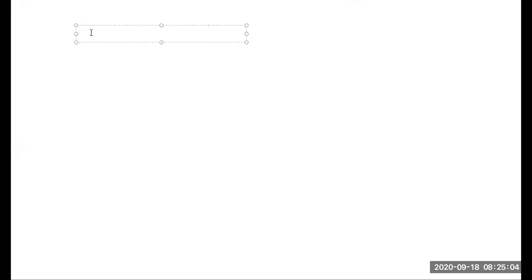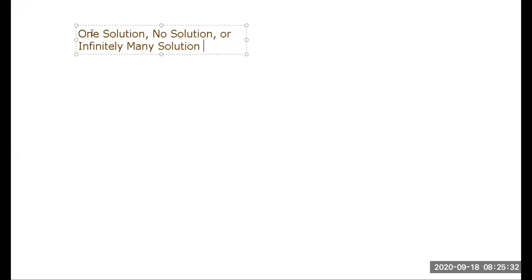So we are starting with one solution. We're figuring out if equations have one solution, if they have no solution, or infinitely many solutions. All right, we are trying to figure out if equations have one solution, no solution, or infinitely many solutions.